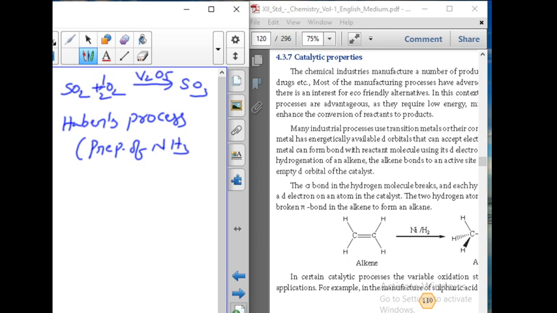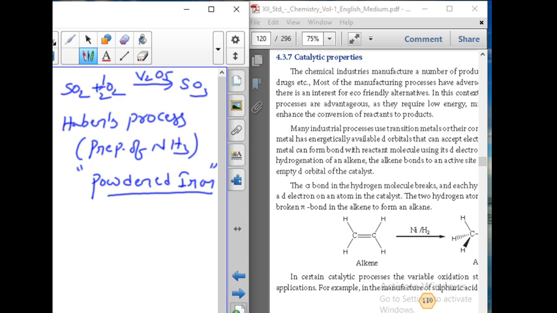In this process we use powdered iron as the catalyst. Why powdered iron? Compared with solid iron, powdered iron provides more surface area, so more reactant molecules can react together. More reaction takes place, so finally we get more product.